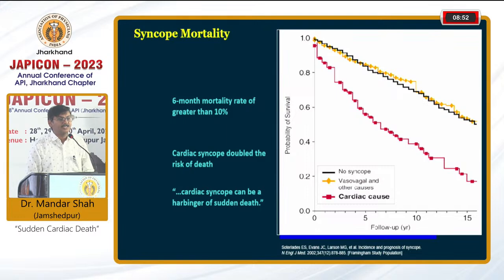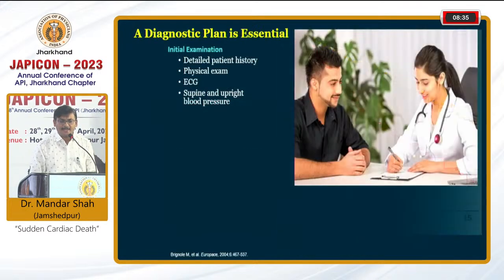The 6-month mortality rate is greater than 10%. Cardiac syncope doubles the risk of death. And cardiac syncope can be a harbinger of sudden cardiac death. So it's very important that we differentiate cardiac syncope from the rest of the causes. And in my slides, I will give some tips to identify and differentiate between the two.